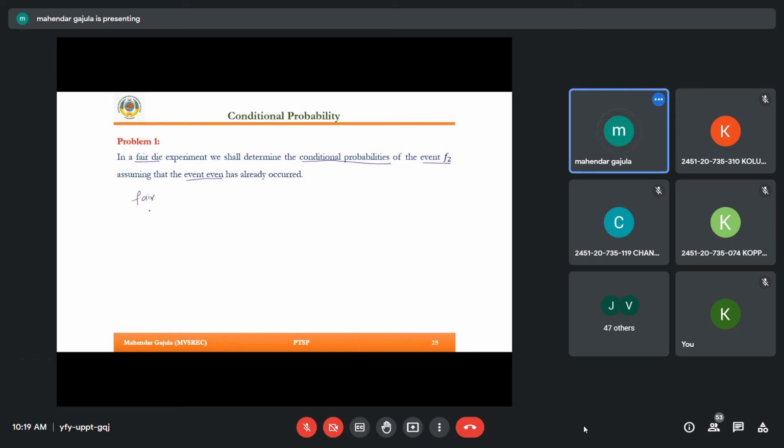Fair die. When we call it a fair coin or fair die, can someone tell me? All events have equal probability. Yes, the probabilities are equally likely.